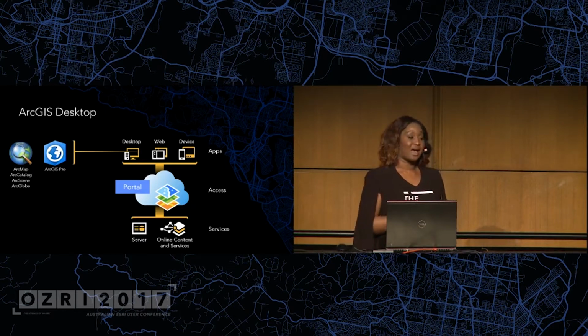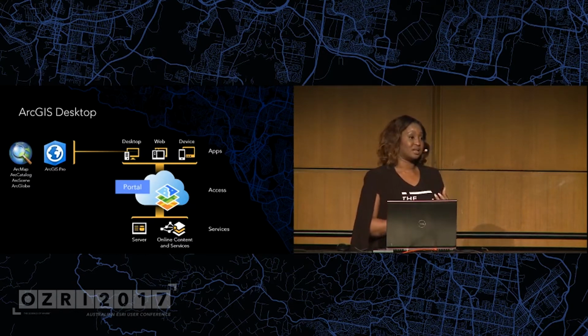Now, if you are an avid ArcMap user, fear not, you have the option to import existing ArcMap MXD or map documents into ArcGIS Pro, and away you go. ArcGIS Pro enables you to access content that's part of your organization's portal. Your portal could be your portal for ArcGIS Online that's on-premise, or your ArcGIS Online account that's part of your organization.